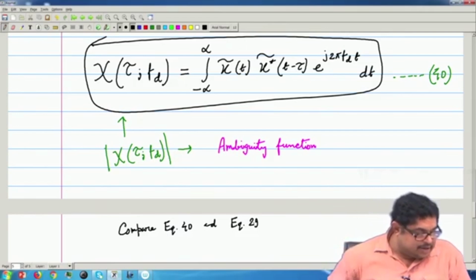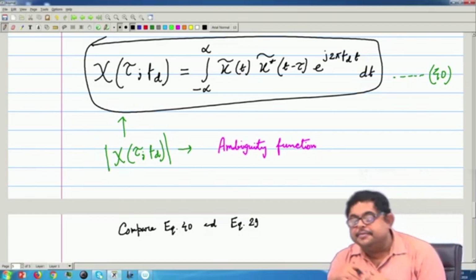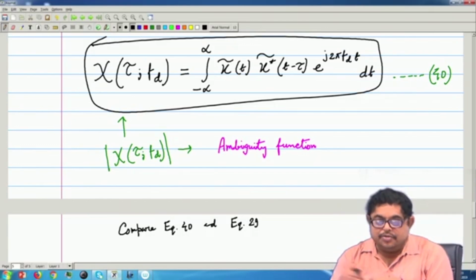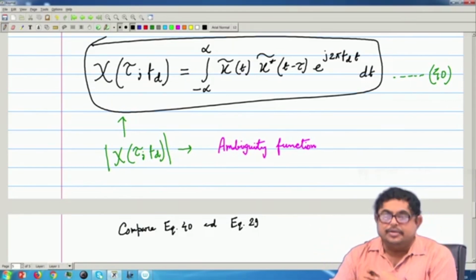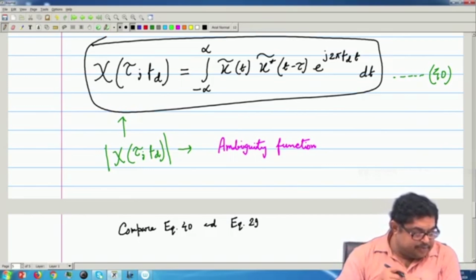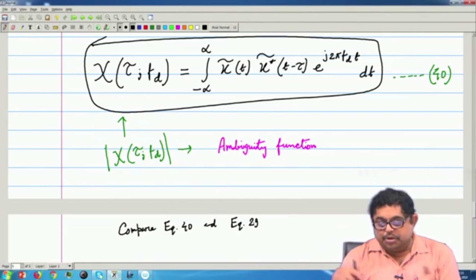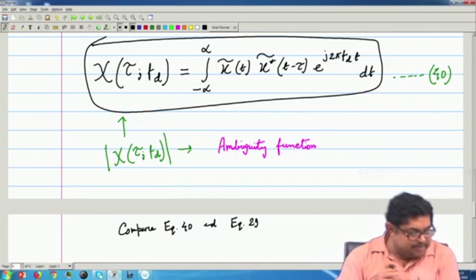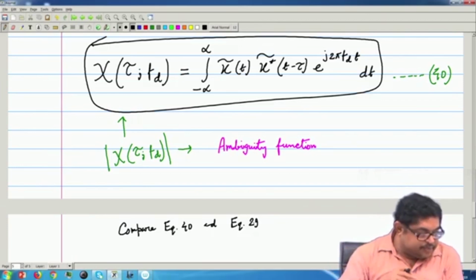Compare this, and that will show that except for a phase term due to range, equation 40 and equation 29 are similar. That is why the amplitude of the ambiguity function is taken: the amplitudes of the match filter output and of the ambiguity function are similar. In phase they may be different, that is why we generally take the magnitude of these.